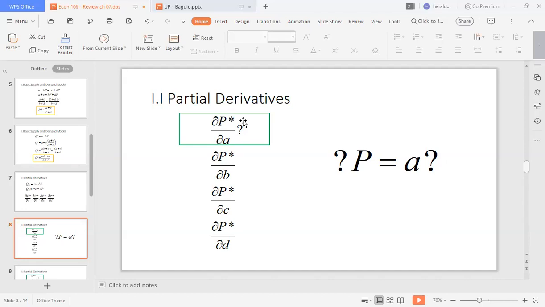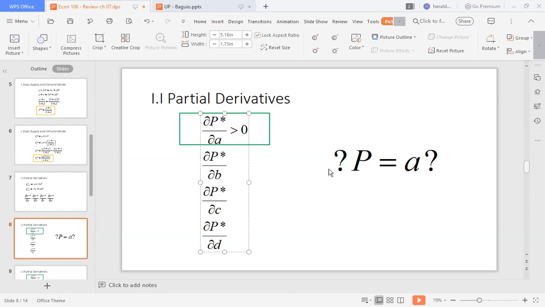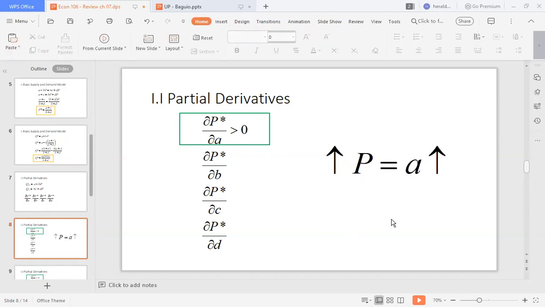So if it is greater than 0, again, let me just write this one. So if our partial derivative here is greater than 0, that means that it is positive. It means, class, that an increase in A would yield an increase in P. So that means that if the sign is positive, P and A move in the same direction.